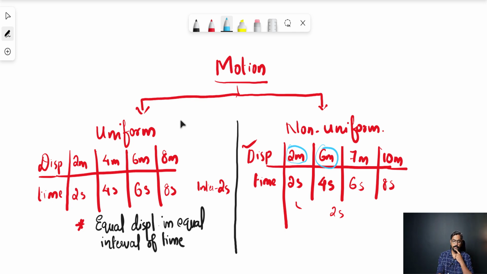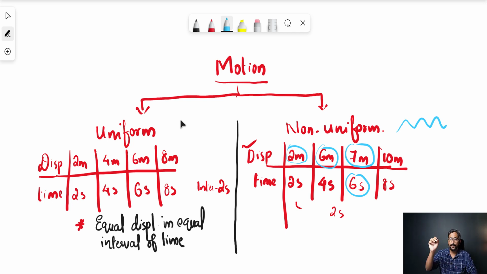In the first 2 seconds, it is changing its position by 2 meters with respect to the origin. Then in the next 2 seconds, it is moving from 2 to 6, that is 4 meters, right? Within that 2 seconds, it has changed its displacement by 4 meters. Then in the next 2 seconds, you can see again only 1 meter.